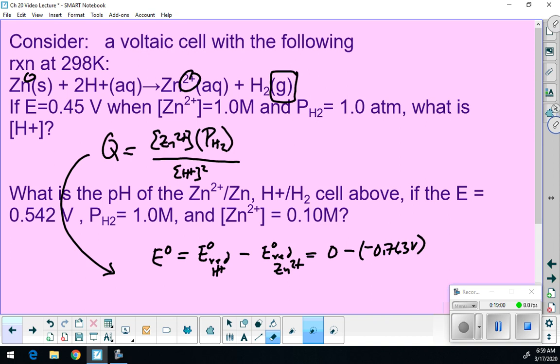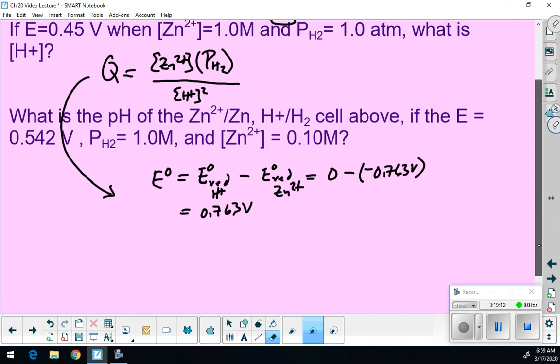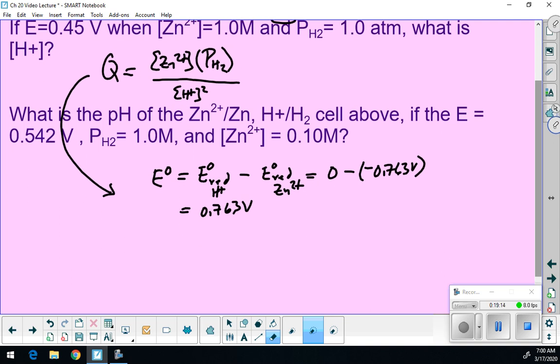0.763 volts, right? So my E prime is going to be a positive 0.763 volts. Since it's positive, we know that that is spontaneous in the forward direction. So then my E is going to equal my E prime minus, what did I say?